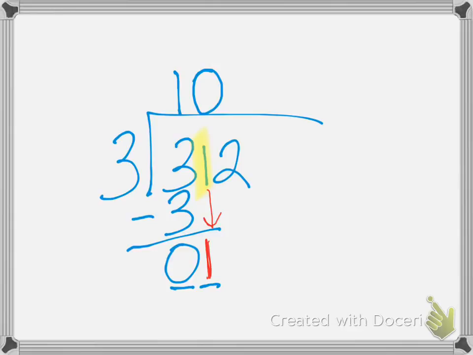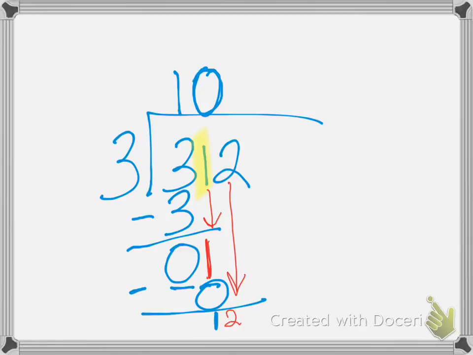It doesn't. So now I put a 0 up here in the 10 spot, and I say 0 times 3. What is that? Well, we know that's 0. What is 1 minus 0? Just 1. Now I have to drop down that 2. Once I drop that down, I have 2 numbers down here.